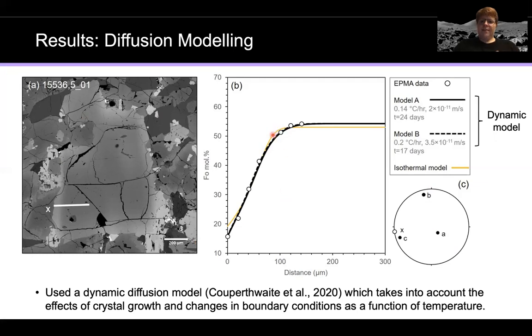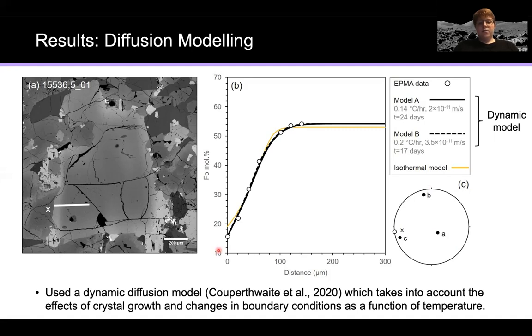As you can see, the yellow modelled trend is offset slightly from our open circle EPMA data points in the core and in the rim. And we found this with a lot of the isothermal model runs that we ran.